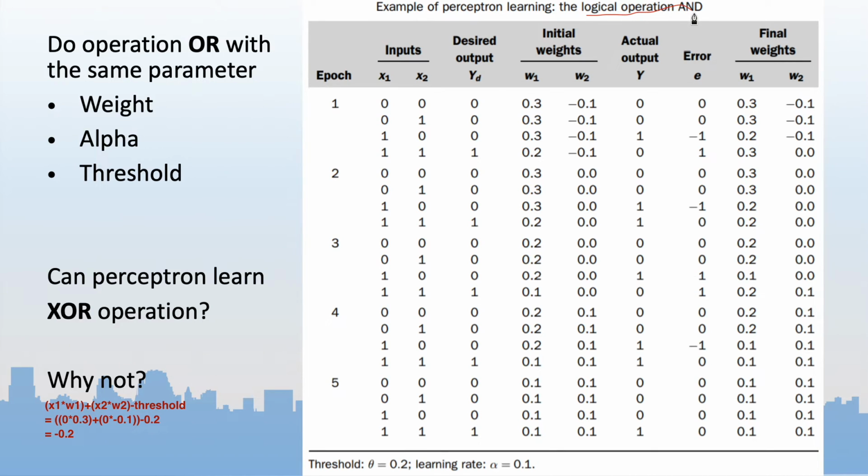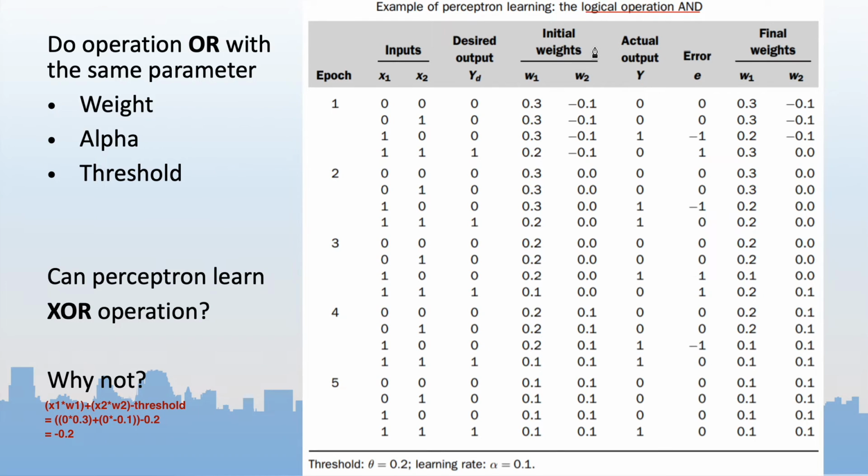For this example, we use the AND operation. So by using the AND operation, we will get this desired output. This combination will also help in finding the actual output, which is y.